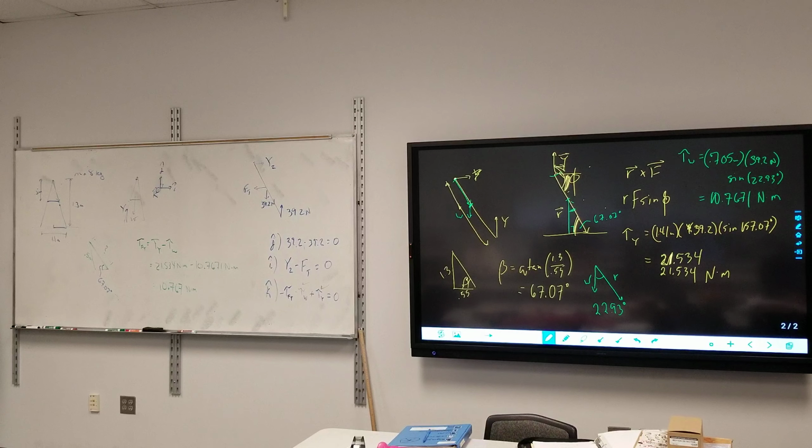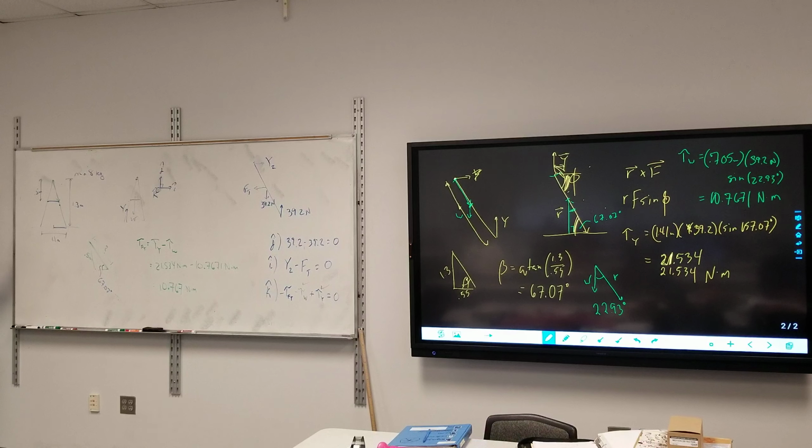0.5 sine 67.07. No, you're in the ballpark, you're not there yet. It is sine we're going to be working with, however, what you gave us would be as if 0.5 was the hypotenuse. Sine 67.07 divided by 0.5?